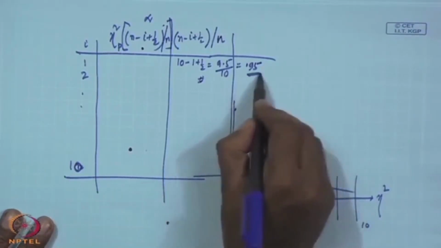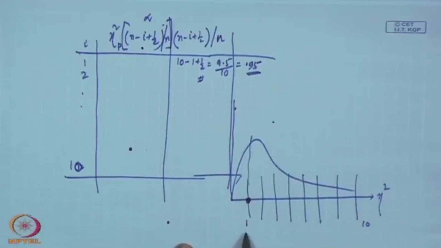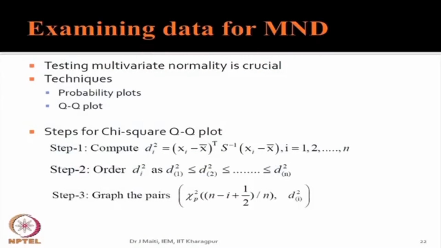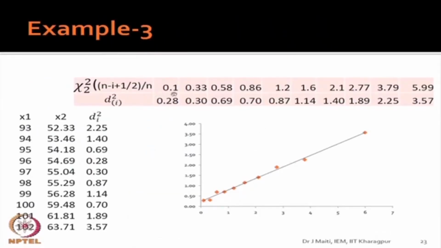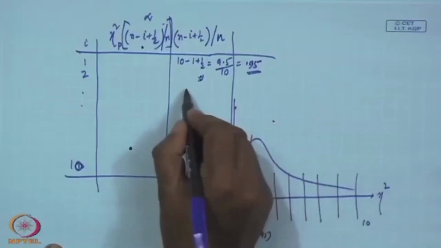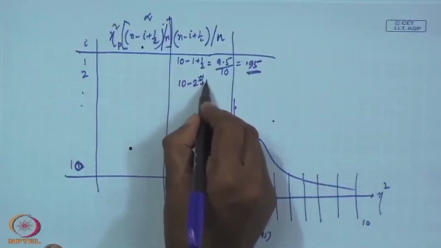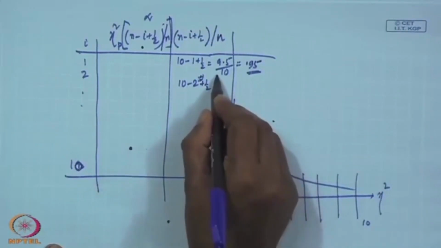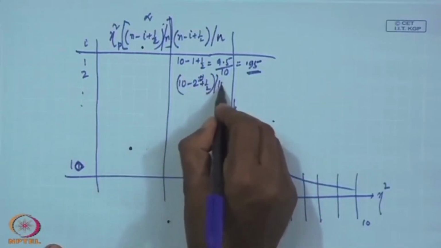So, your first chi-square value is chi-square 0.95. What is this value? You see here, 0.1. Then what will be the second one? 10 minus 2 plus half, divided by 10.